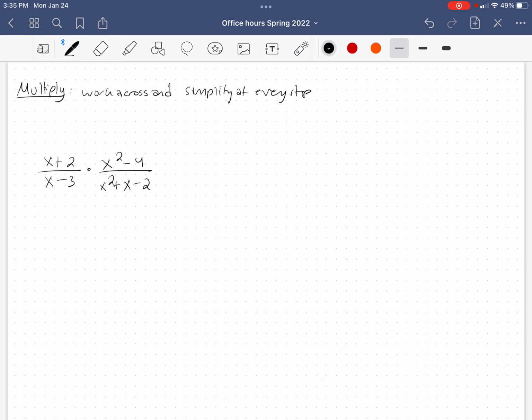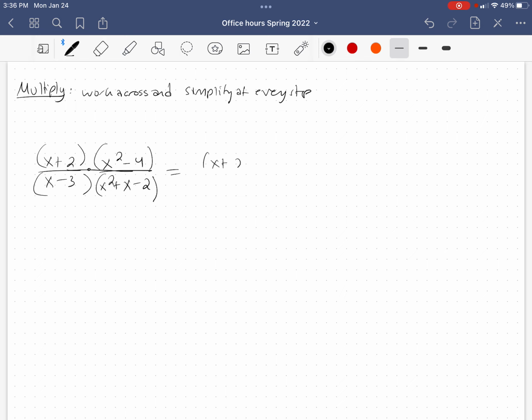So we're going to start with multiplication because it's actually the easiest operation. For multiplication, the rule is that basically you just ignore the multiplication sign and glue the fractions together, okay? In other words, it's like this times this all over one fraction, that times that, and now I'm just in a simplified problem.